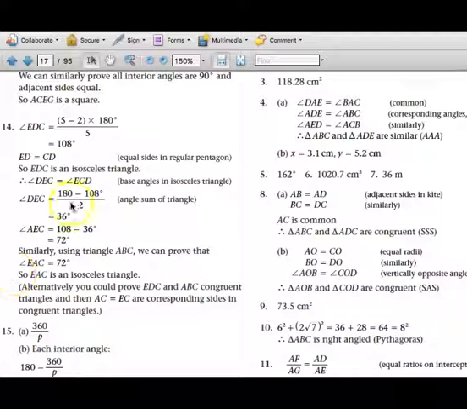You can use that method there. But if you're saying it's an isosceles triangle, you need to say because these two sides are equal, or because the base angles are equal. So it says alternatively, as we were saying, you could prove congruent triangles and then prove that AC and EC are corresponding sides in congruent triangles.